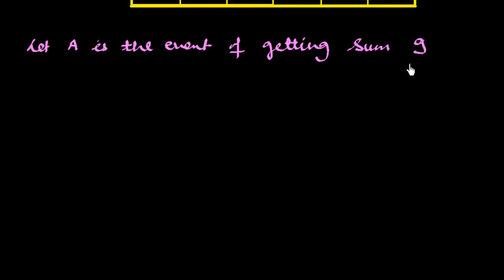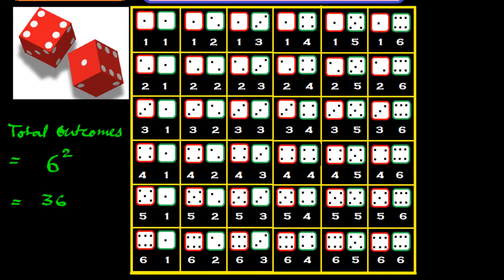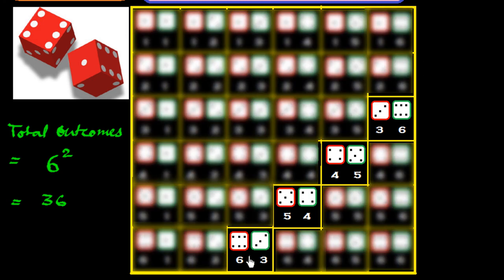The sum of both the dice would be 9. So how do we get this? Look here in this sample space, 9. Now we see how we get the sum 9. Look at this diagonal, we get the sum 9. I explain here. If we see this diagonally, we are getting 9 here. 3 plus 6 is 9, 4 plus 5 is 9, 5 plus 4 is 9, and 6 plus 3 is 9.